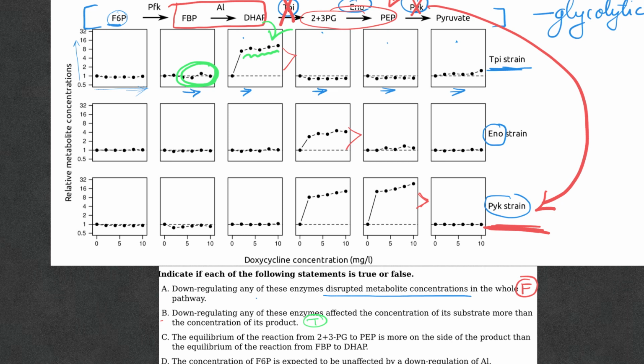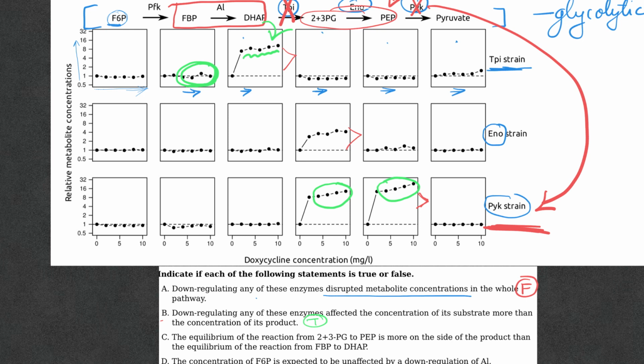Okay, but in case of 2,3-BPG to PEP, you see that a distortion in the PEP did produce a distortion in 2,3-BPG. Okay, so is the equilibrium of the reaction 2,3-BPG to PEP more on the side of the product?